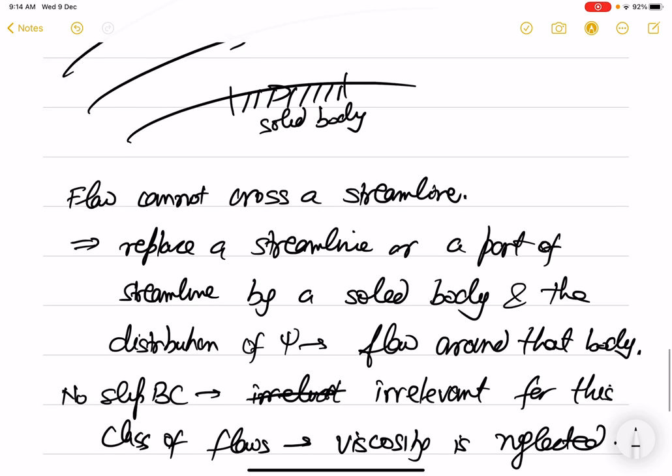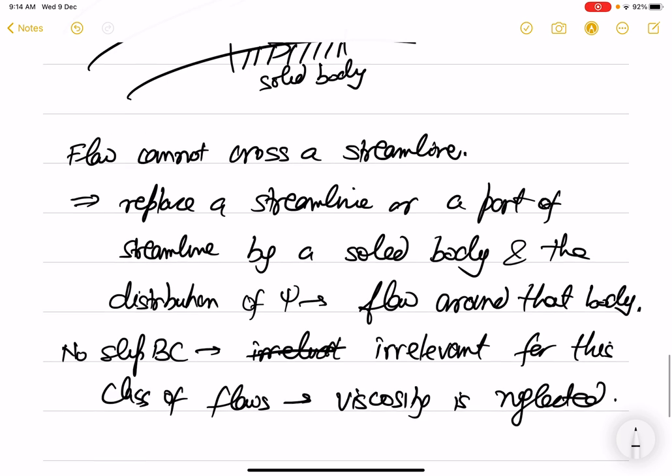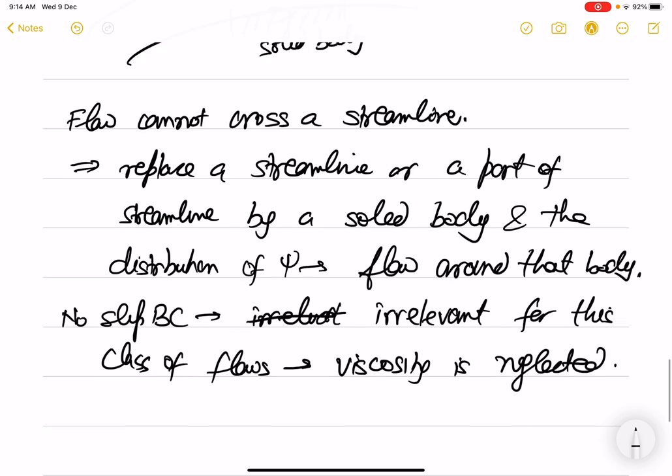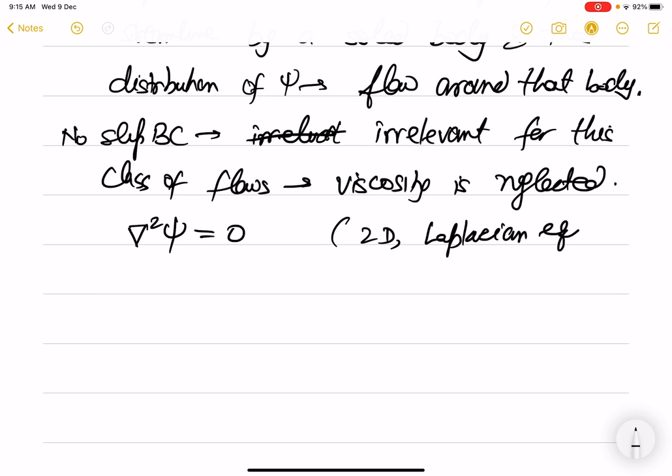So therefore, what one tries to do is, we look at the flows and we plot different streamline patterns. That means now we have this equation del square psi is equal to 0. And we solve this 2D Laplacian equation for different flows. This is a very well studied equation in electrostatics.